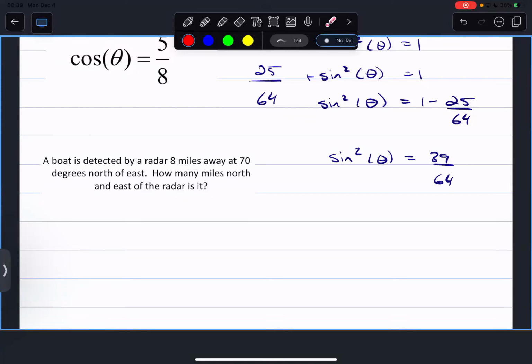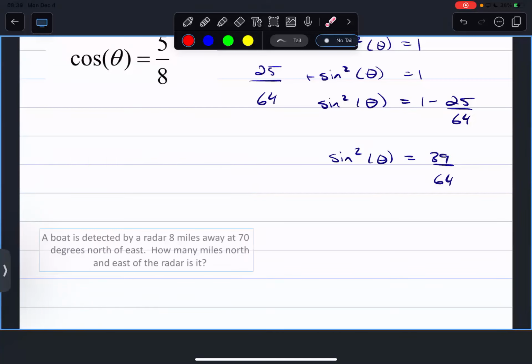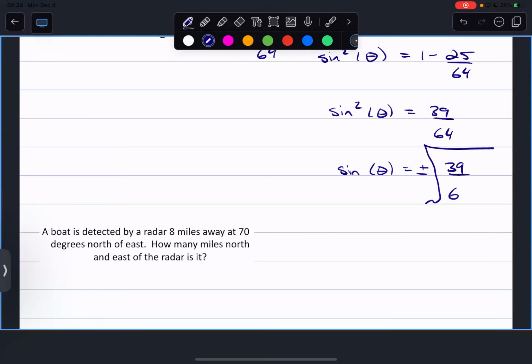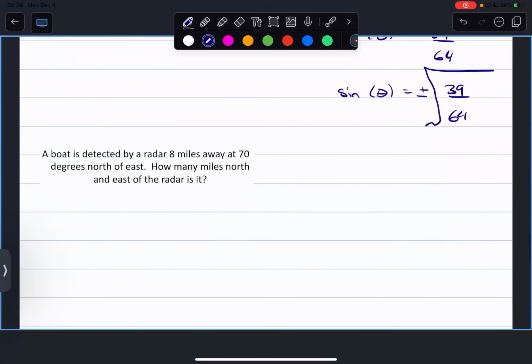Bada bing, bada boom. Now to get sine theta, I can take the square root of both sides. And the square root of that little guy is the plus minus the root of 39 over 8.